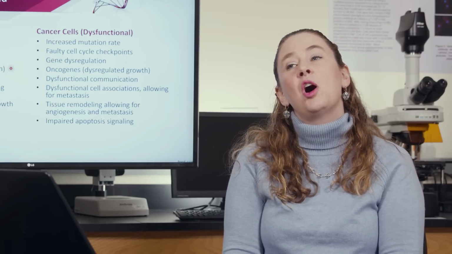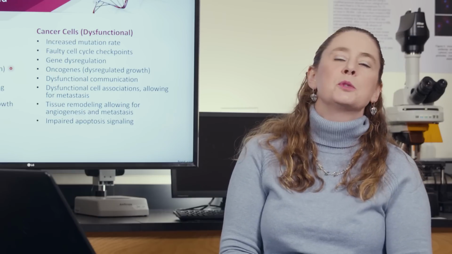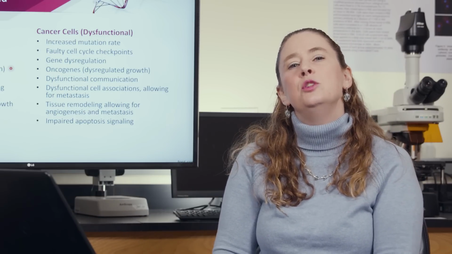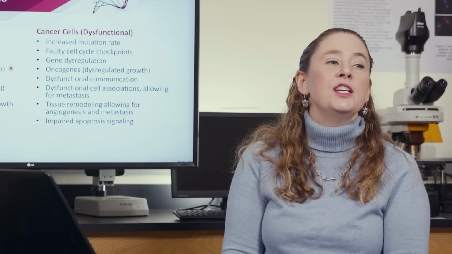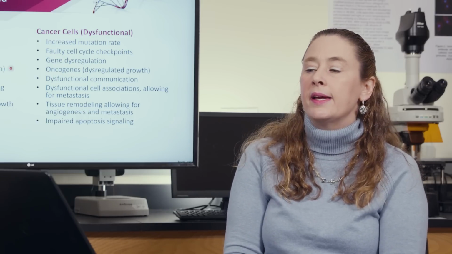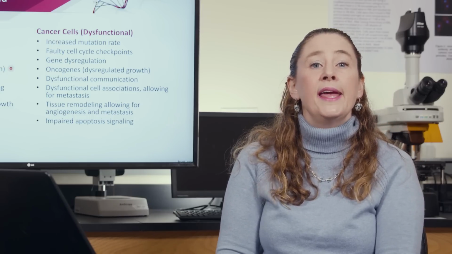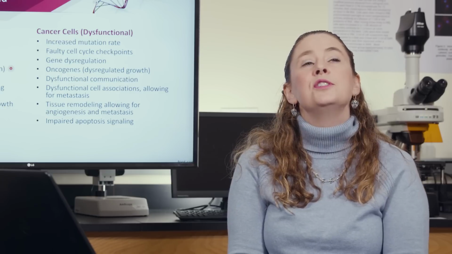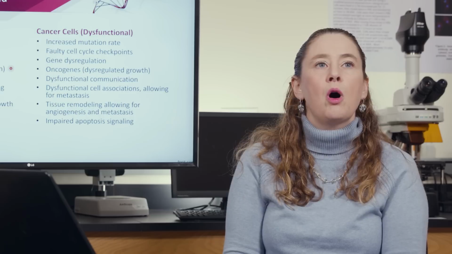God built them with on and off switches so that cells would divide when they're supposed to, if the organism's growing, or if you just need new cells to replace old cells. But if these genes become broken or dysregulated, they are called oncogenes. Oncogenes are cancer-causing genes. They are dysregulated growth pathways that no longer respond to off switches.